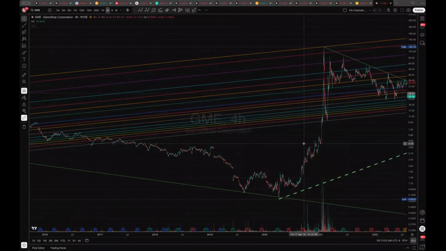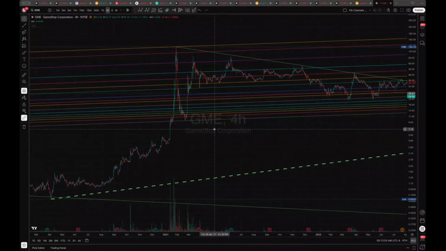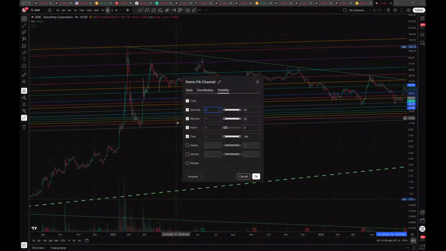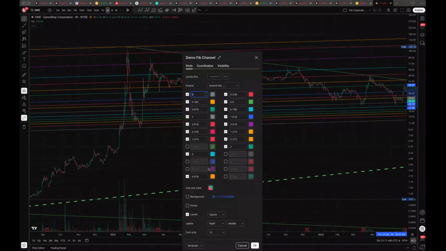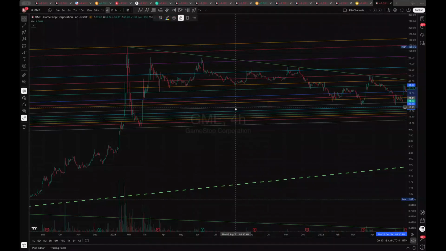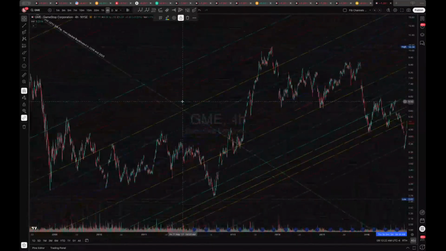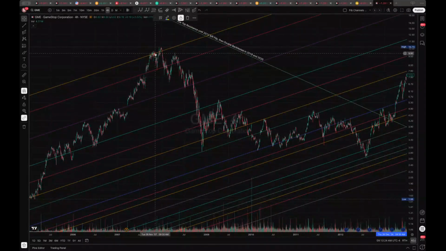And then this same Fib channel, where the top line, the 4.618 Fib, intersected with the 2007 all-time high, more or less. I mean, we're talking cents here.